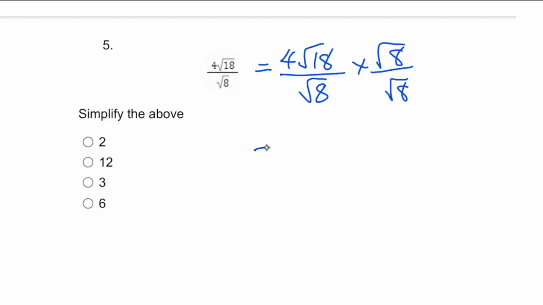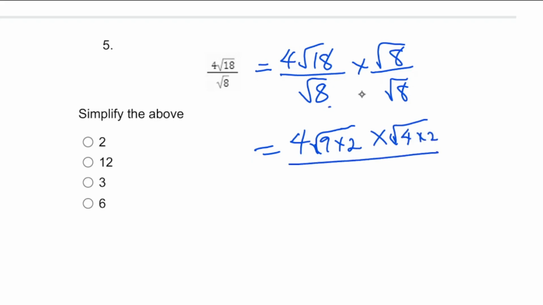Is that clear? So this will give us 4 root 18. Root 18 we can simplify to be root of 9 times 2. Times root 8, which could be root of 4 times 2, all over root 8 times root 8, which is 8. We've learned that already.